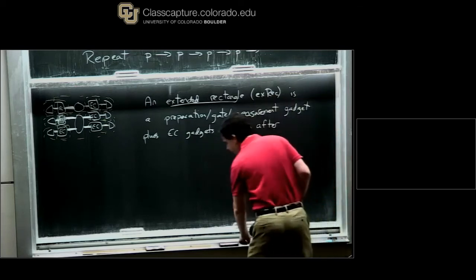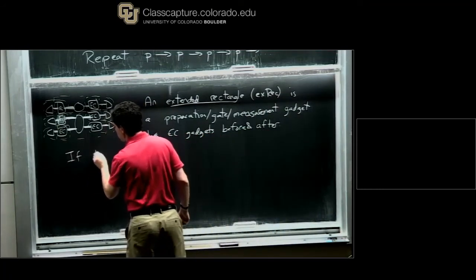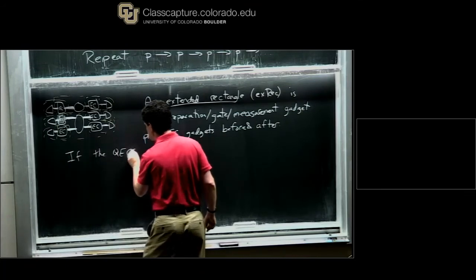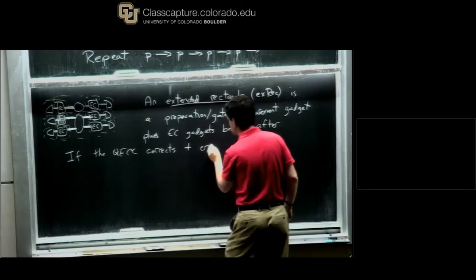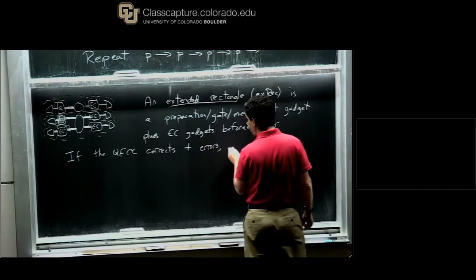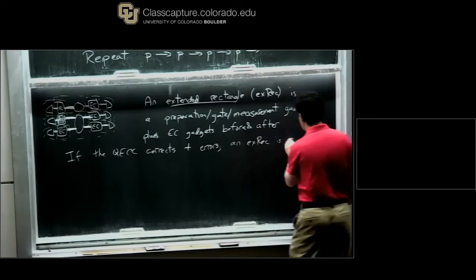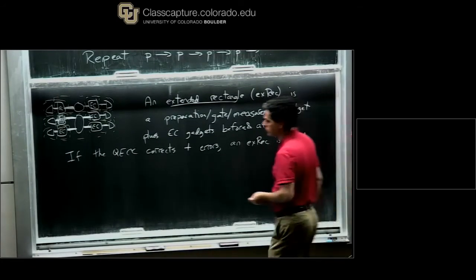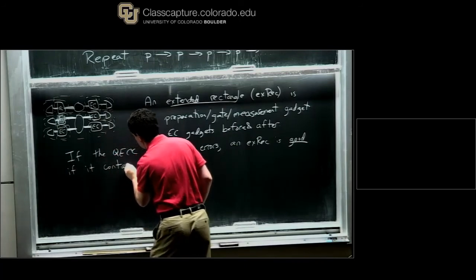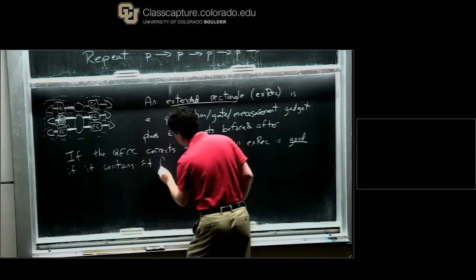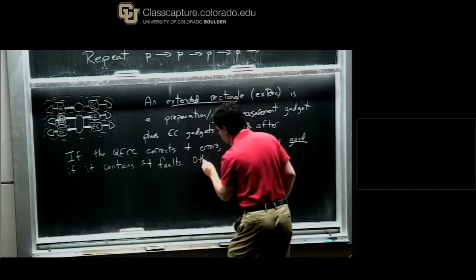So if we have a code that corrects t errors for this protocol, we say that an XREC is good if it contains less than or equal to t faults. Otherwise, it is bad.